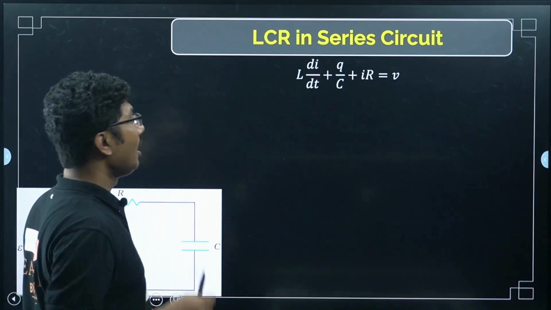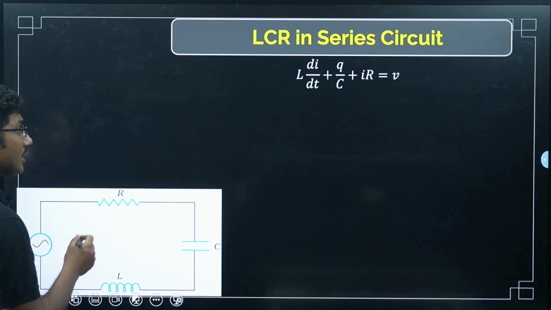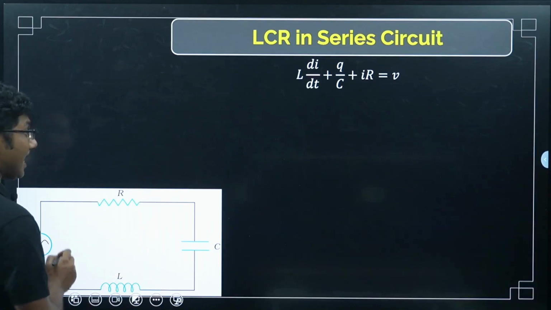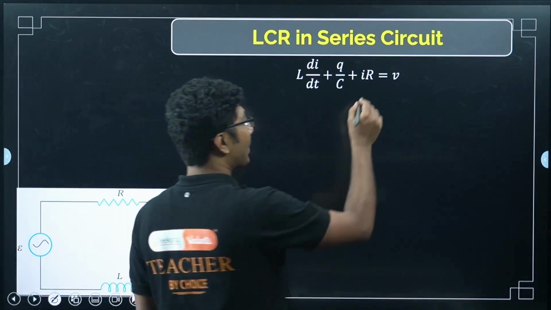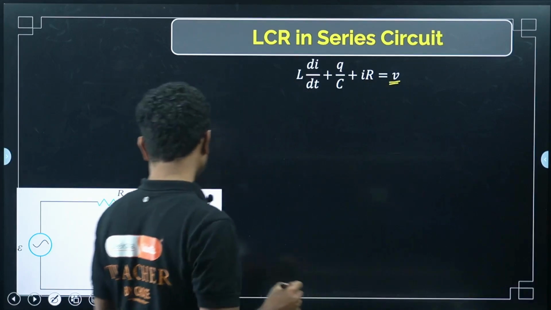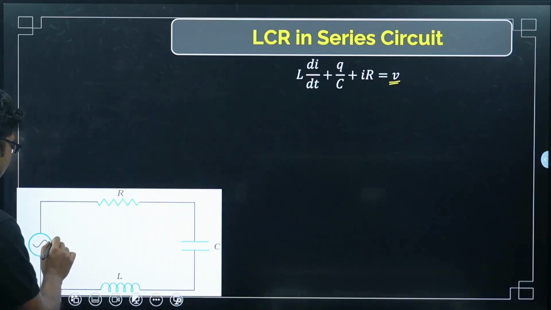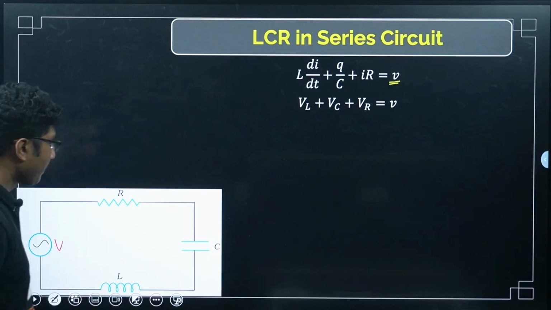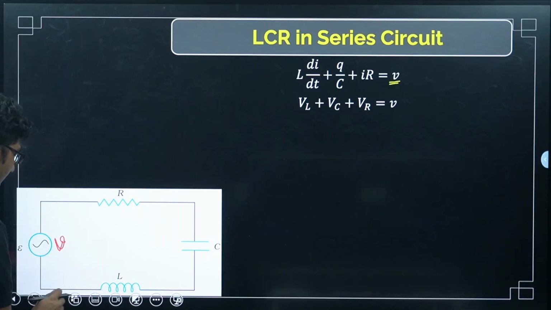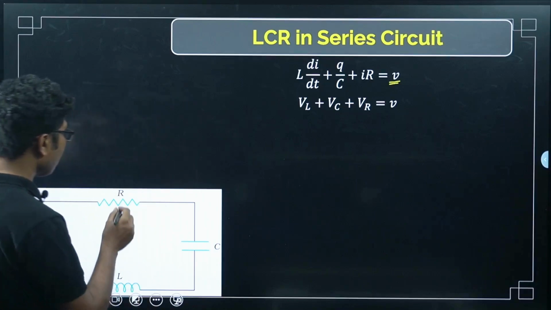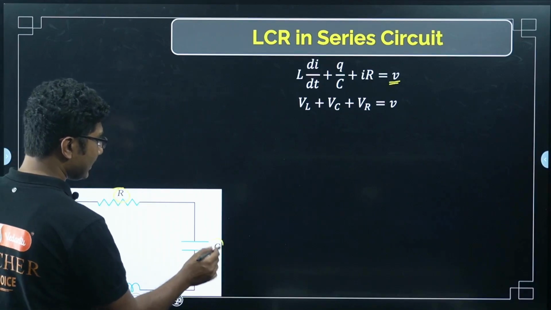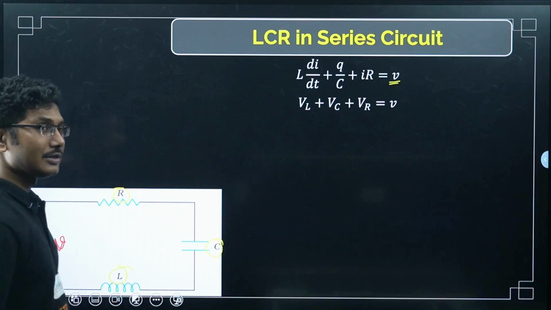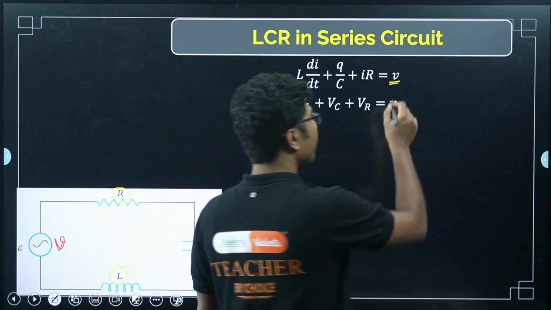First of all, if you consider all the potentials across each component, the externally applied potential is small v. Then the potentials across resistance, capacitance and inductance should add up to v, right?